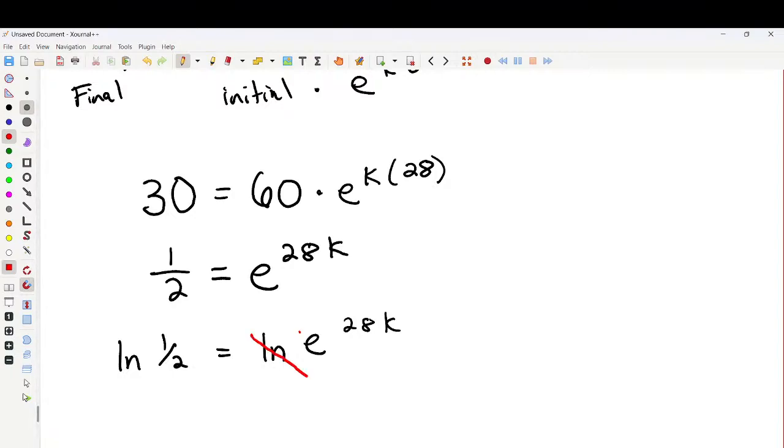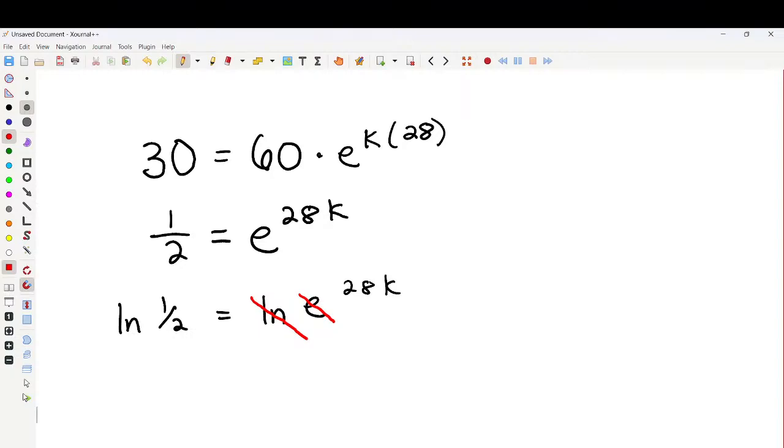The logarithm and the base cancel out because they're the same base.